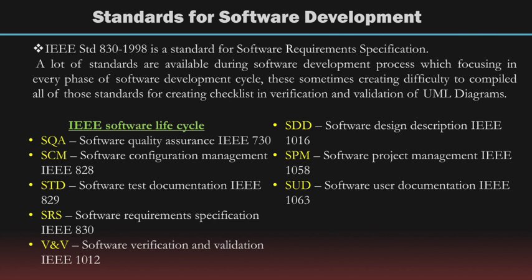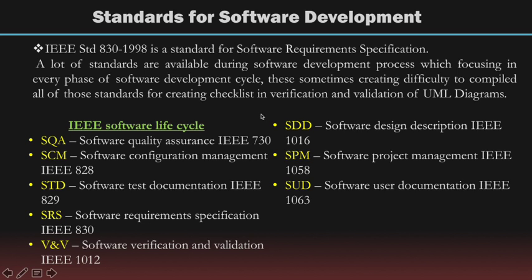So these are the standards for software development. We know IEEE 830 is part of the standards, for software requirements specification. There are a lot of standards available during the software development process, which focus on every phase of the software development cycle, and sometimes this creates difficulty in compiling all of those standards for creating checklists in verification and validation of UML diagrams.